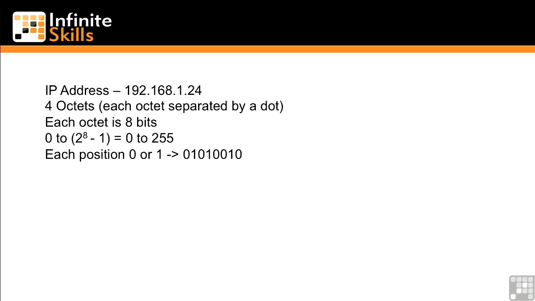So each bit position out of the 8 can be a 0 or a 1. And as I said, we can get 2 to the 8 values out of each of the positions in an IP address. So each of those sections there can be from 0 to 255. So that's an IP address.